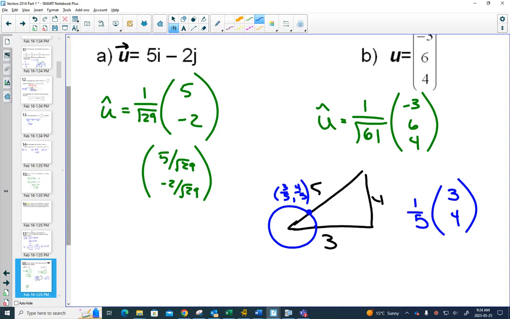Because the length of the 3, 4, 5 is 5. When I reduce it back to my unit circle, I'm wanting a length of 1. And so it's just kind of neat to see those connections of how, oh, we did this with unit circle, now we could do the same thing with vectors, and it makes a lot of sense.